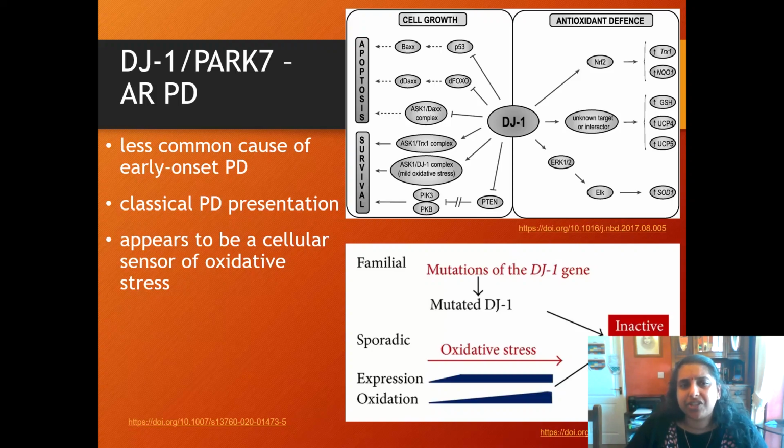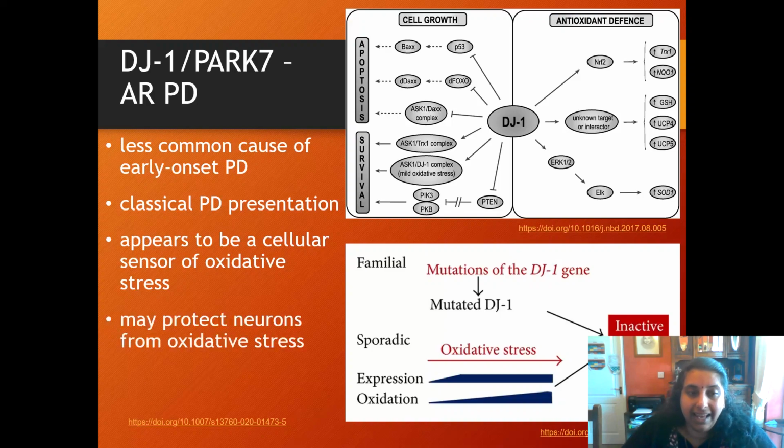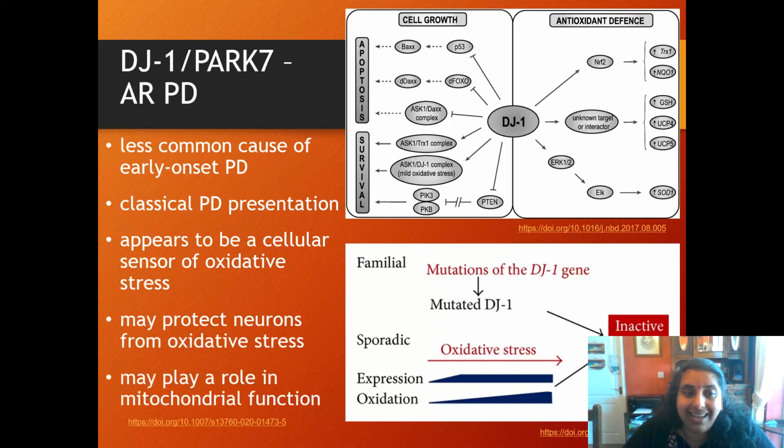DJ1, it's not absolutely sure what the protein is, but it appears to be a cellular sensor of oxidative stress. And it may protect neurons from oxidative stress, and it may play a role in mitochondrial function. So I've just got these two figures here. I'm not going to go through them in detail, but here's one that's talking about what DJ1 might be doing.